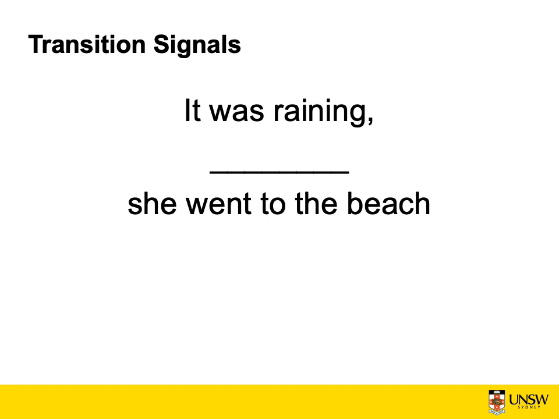And in this next exercise, I want you to think about the ways that the transition signal actually changes the meaning. So here we've got an example, and maybe just have a think when you're looking at this. What do you think you would first put in? What's your first choice? If you're here in person, I would be asking you to give me some examples. So we've got, it was raining, something, she went to the beach.